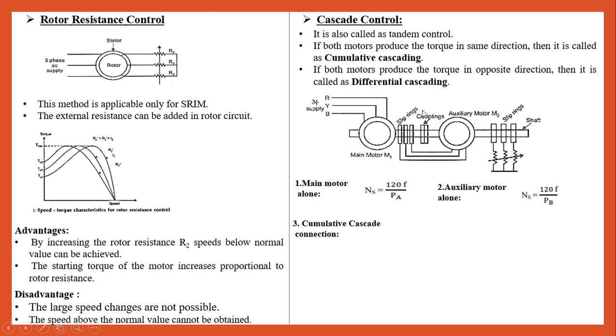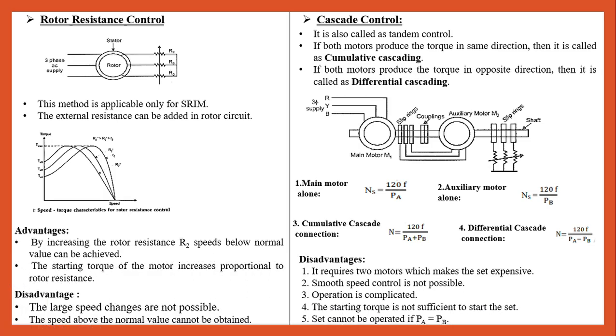If these two torques add to each other, then it is called cumulative cascading. If both motors produce torque in opposite direction, then it is called differential cascading. For cumulative cascade connection, speed equation N is equal to 120F divided by Pa plus Pb. For differential cascade connection, N is equal to 120F divided by Pa minus Pb.